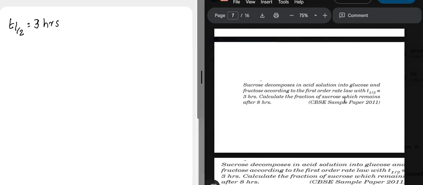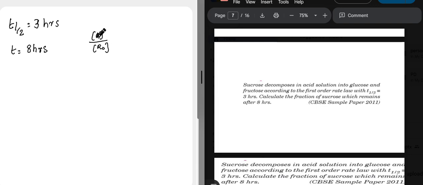Calculate the fraction of sucrose which remains after 6 hours. So here another duration of time is given, after 8 hours. After 8 hours, how much fraction of sucrose is remaining? Fraction of sucrose remaining means it should be the amount of sucrose remaining divided by the initial concentration.